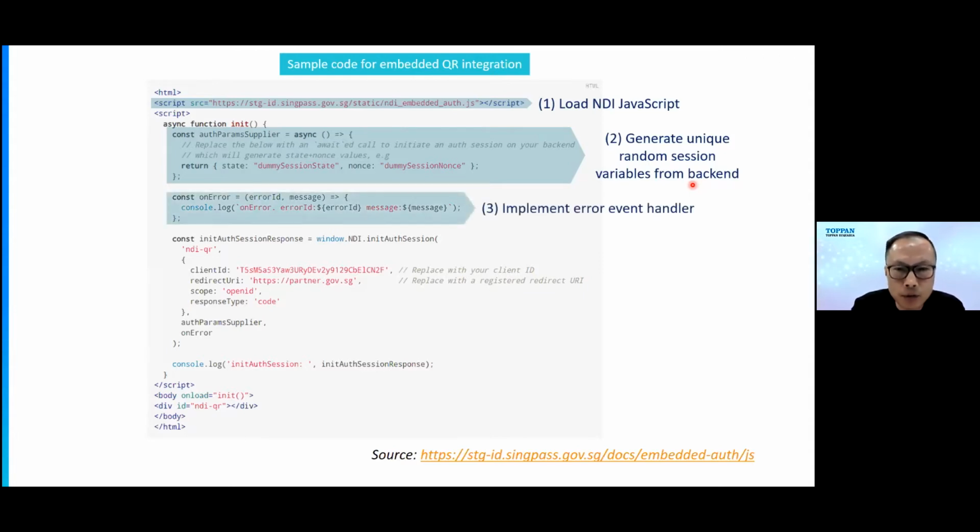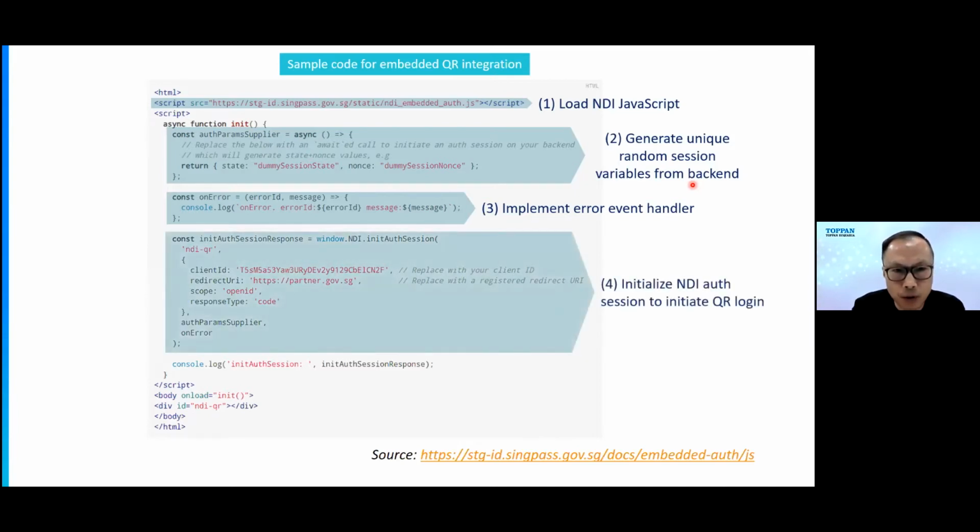At the same time, you also need to implement another function that does the error event handling. In the process of generating the QR and the user interacting with the QR using the SingPass mobile app, there could be some exceptions that need to be handled. This needs to be implemented by the application page as well. There's also a function that you need to call in the NDI JavaScript to start the QR generation process and initialize the session for QR login.